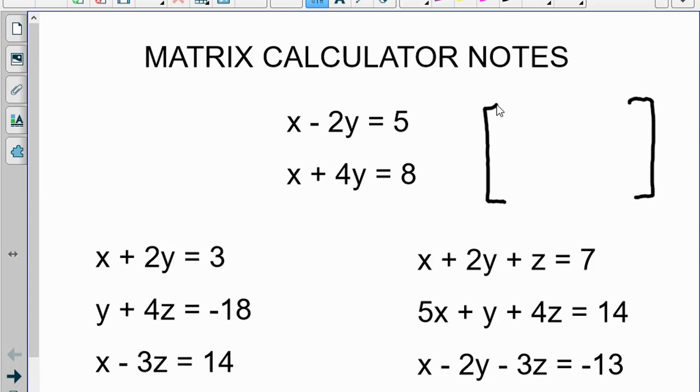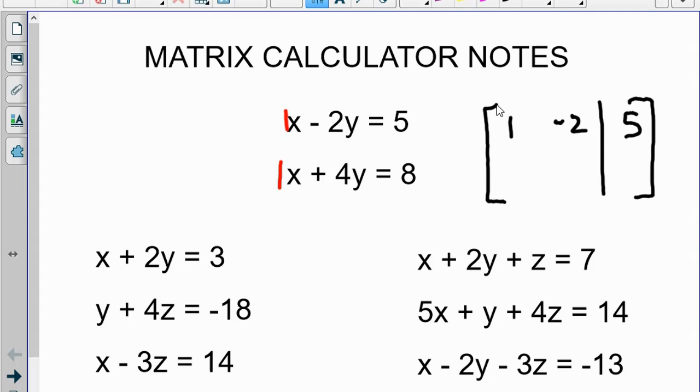Augmented matrices are written as such. For a system of equations, you will take the coefficients of each of the terms. In this case, the coefficient of x is 1. The coefficient of y is -2. And then we have the answers over on the right.